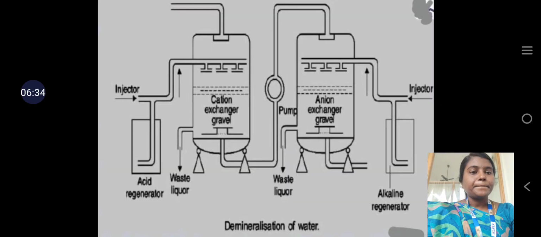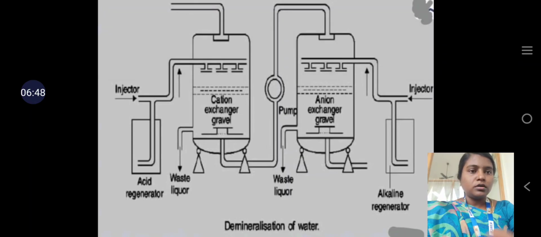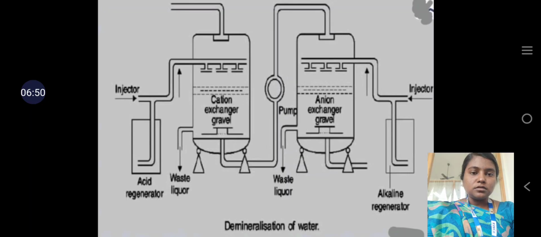Okay. And then there are two provisions now in these two columns, the cationic exchanging column and the anion exchanging column. In the cationic exchanging column, one provision is given for acid regeneration. Actually in that column, diluted acid is present in the acid regenerator. So once the cations are exhausted, this diluted acid will reverse the reaction.